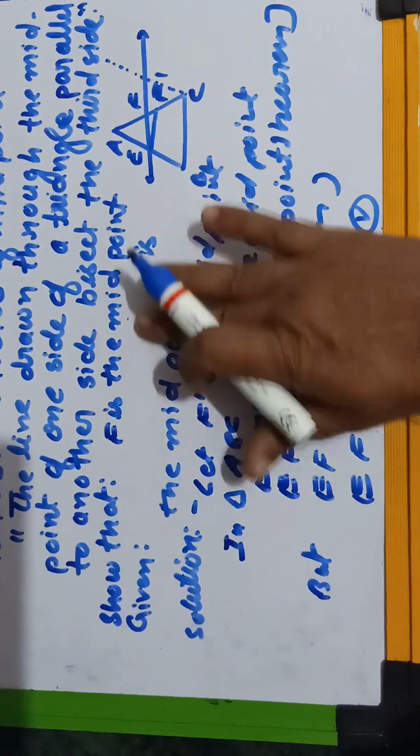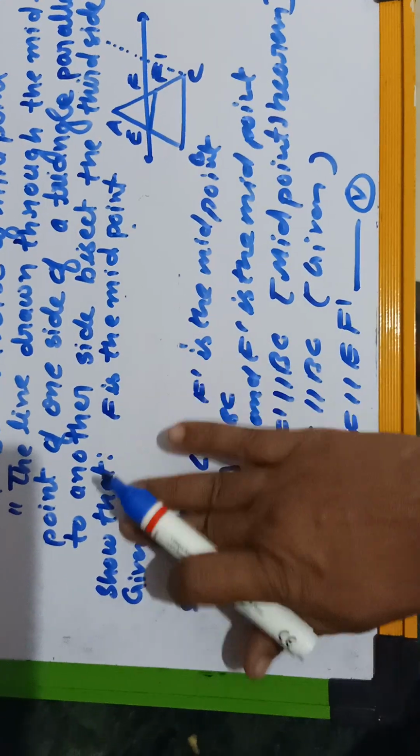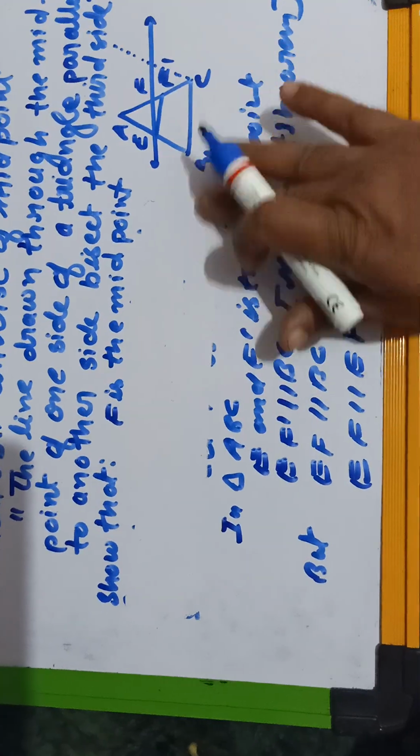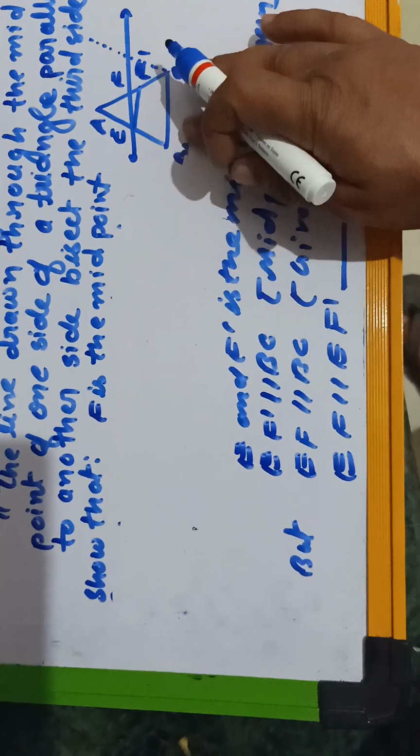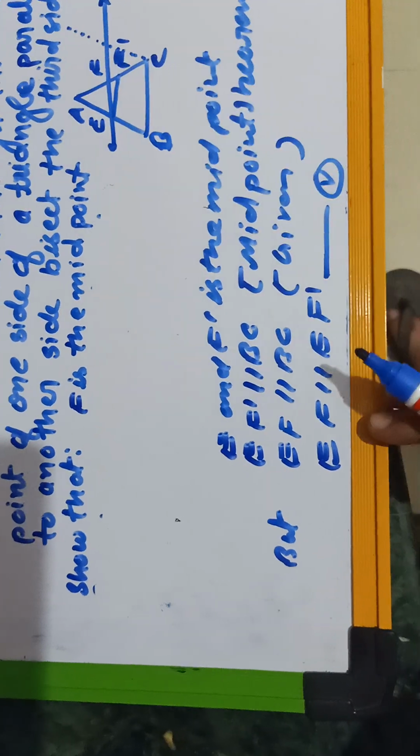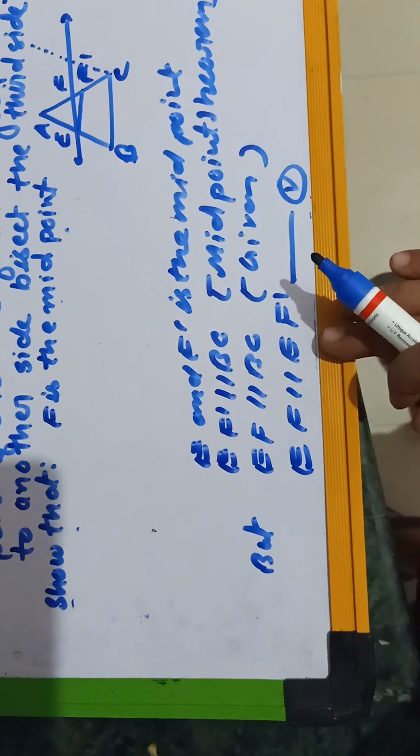Let me clear this space where I can write the next step, so that it will be easy to write EF and EF dash.